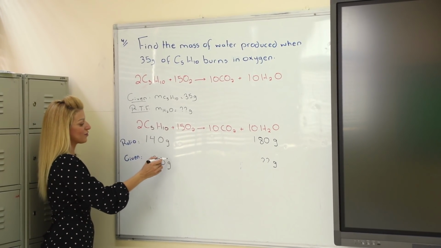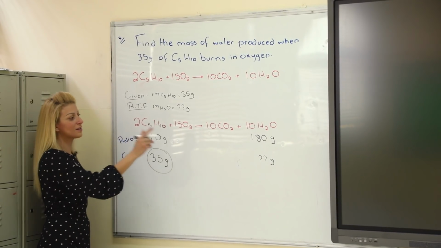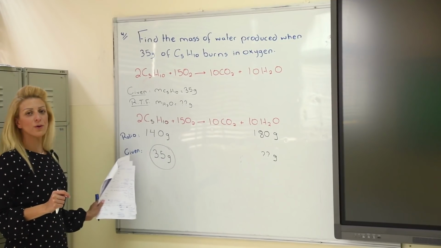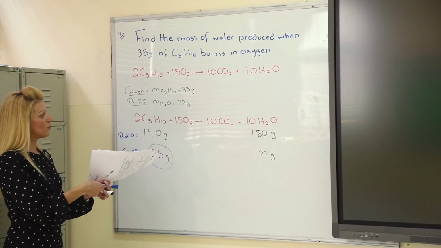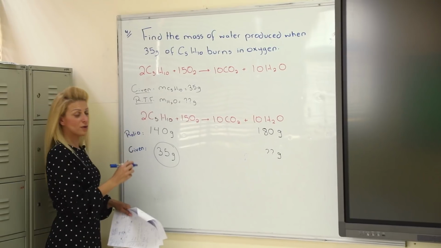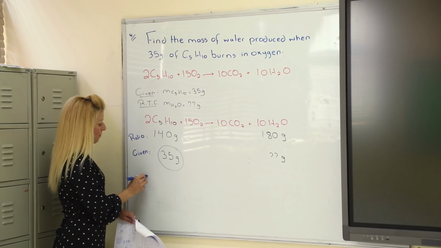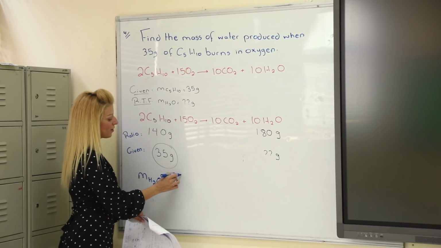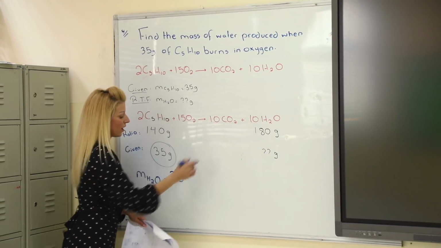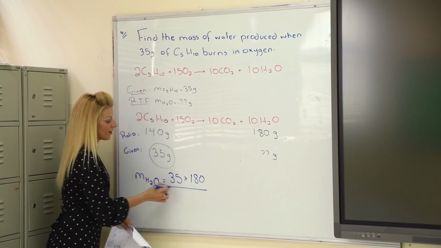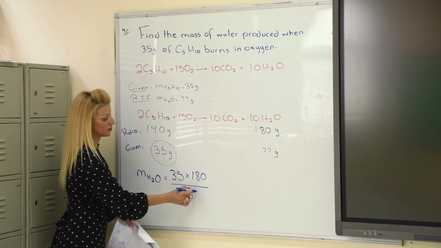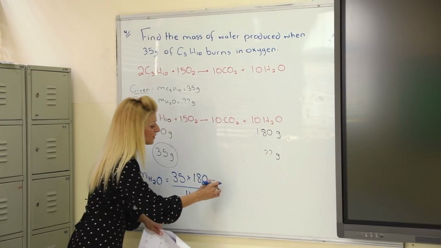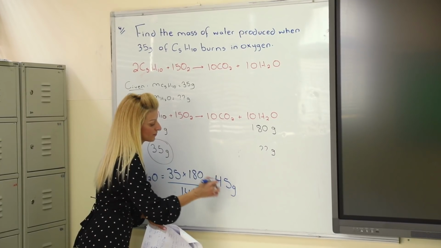The question is, if 35 grams react, how many grams of water do we get? So again, we do a simple cross multiplication and we report our answer to the correct number of significant figures. So the mass of water that forms equals 35 times 180 divided by 140. So we end up with an answer of 45 grams.